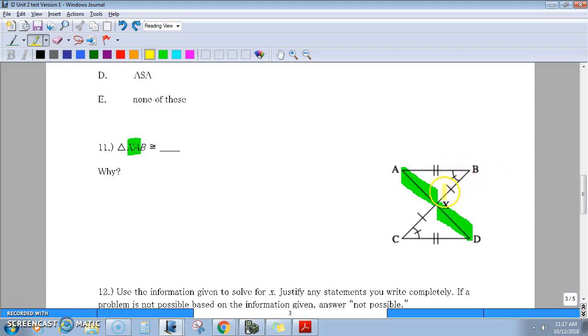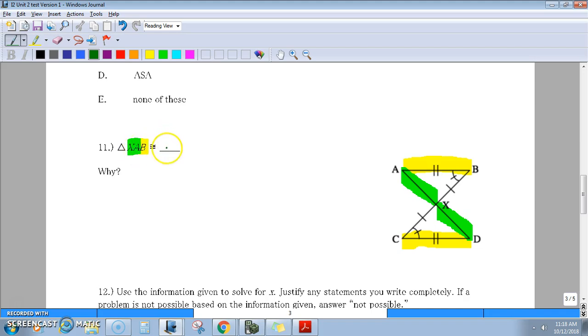And then let's try this. After XA, we have AB, right? So this triangle goes XAB, and AB is corresponding, I'm sorry, to DC. So what it wants you to know is you have to put it in the correct order.